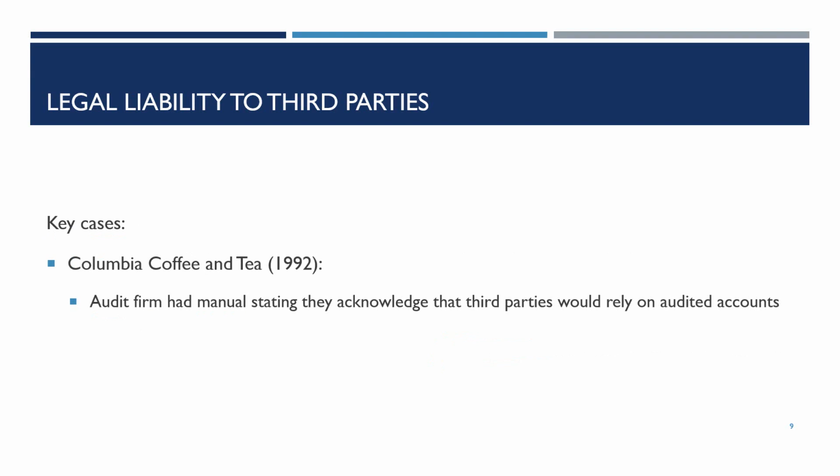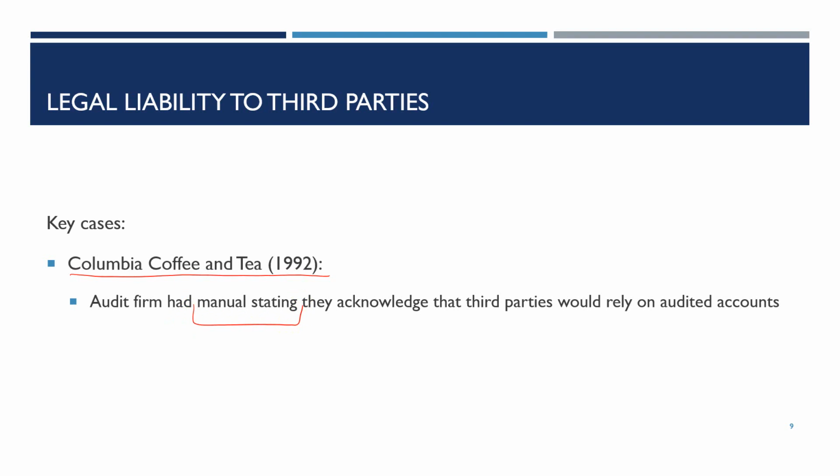In the Columbia Coffee and Tea case, the investor relied on audited reports to invest and subsequently suffered losses. In this particular case, the audit firm actually had an audit manual stating that it was firm policy to acknowledge that third parties would rely on the audited accounts of their clients.